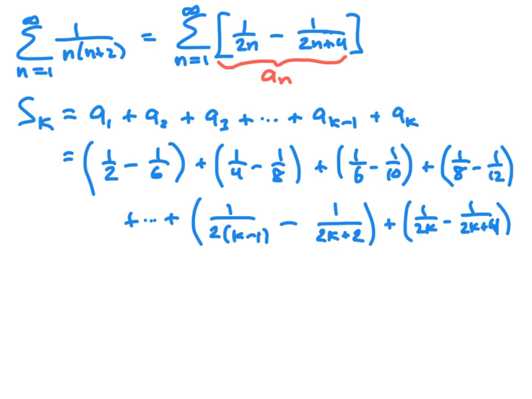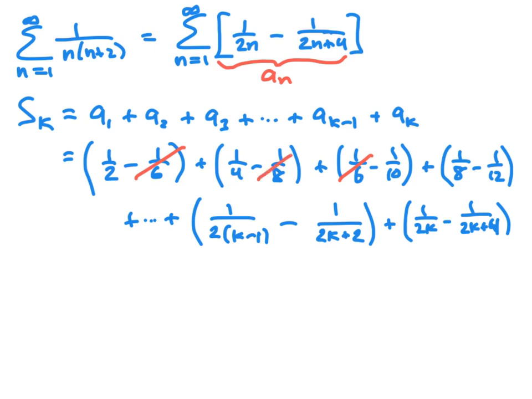And now if we look through here, we don't get cancellation quite as frequently as in the previous examples, but we do get some cancellation nevertheless. We have a negative 1/6 here, and that cancels with the positive 1/6 of two terms ahead. So our negative term in a1 cancels with the positive term in a3.